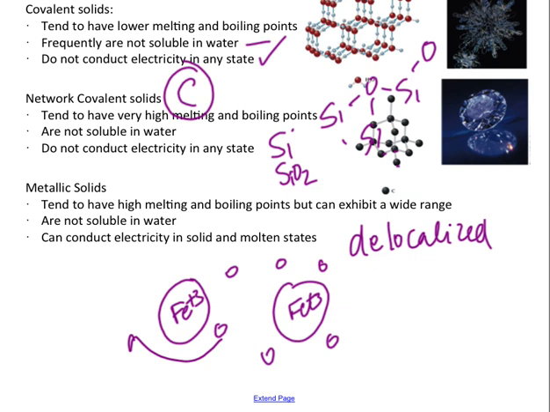And the video will talk about the attraction and why this stuff is malleable. What does it mean to be malleable? You can pound it into sheets. Ductile, what does it mean to be ductile? Pull into wires. And it's because of the sea of electrons that allows for that play and movement of the atoms.